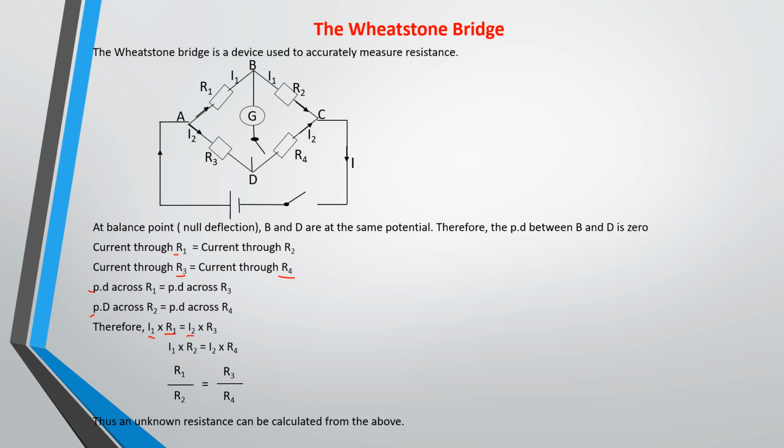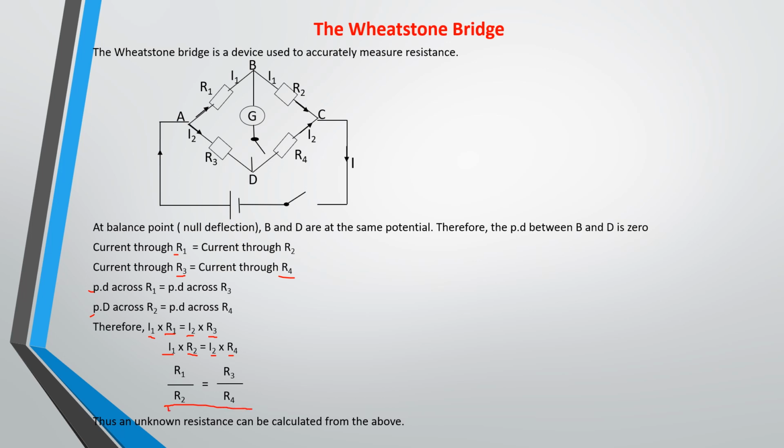That is what we have here. Then similarly, the current through R2 multiplied by its resistance is the PD across R2. The same thing goes for this. So by the time you arrange your equation, you find out that I1 will cancel out, I2 will cancel out. So this is what you have as your final equation.